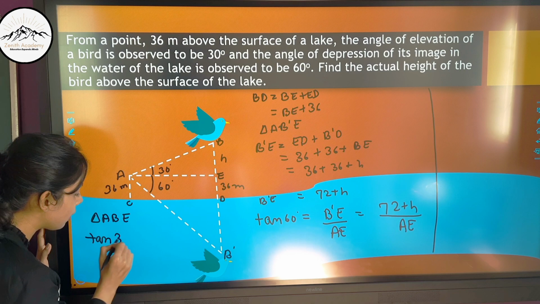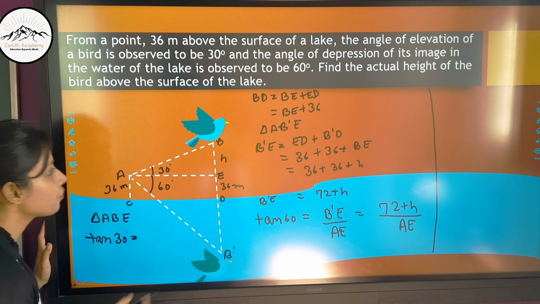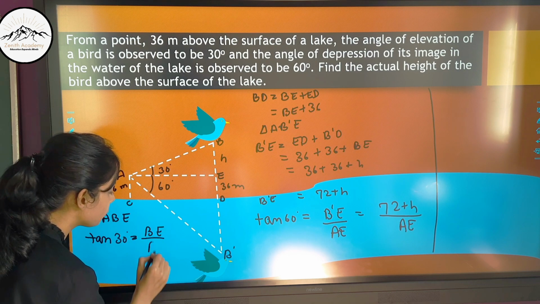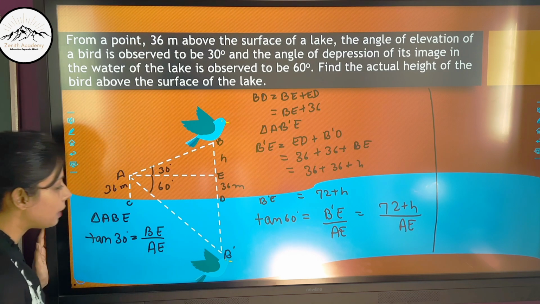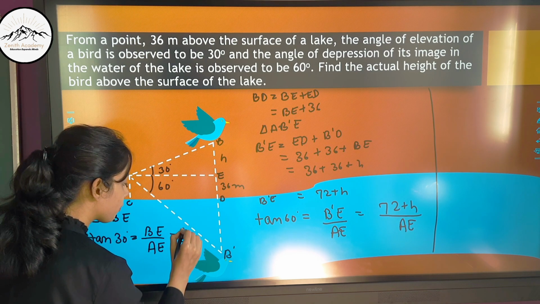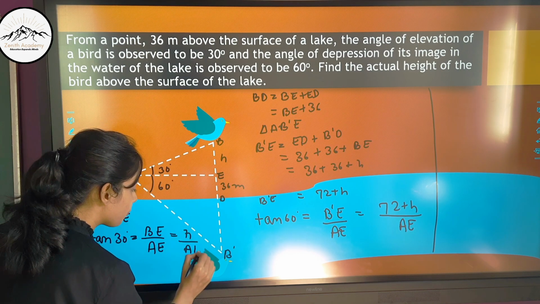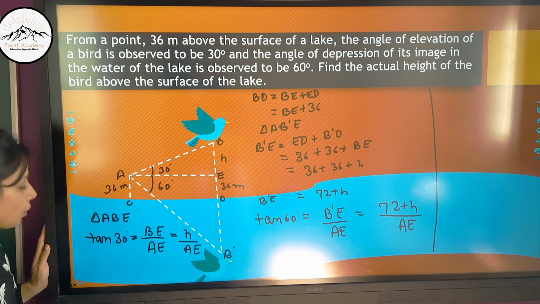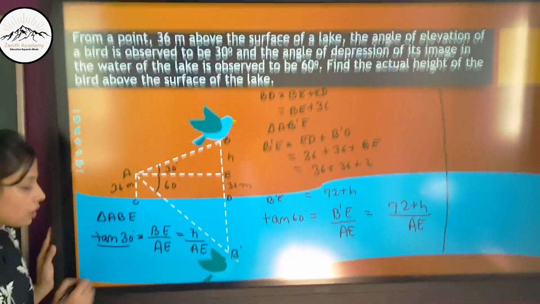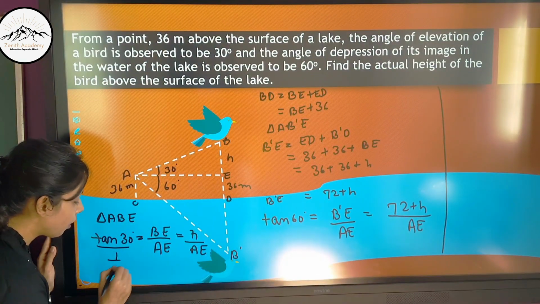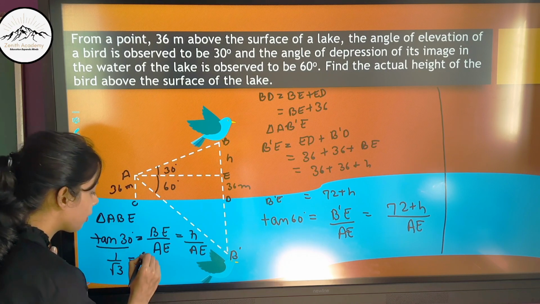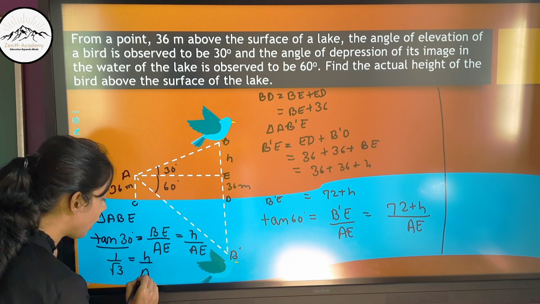So tan 30 degrees is equal to BE upon AE. And what is BE? We have marked this as H and this is AE. What is the value of tan 30 degrees? 1 upon root 3, which is equal to H upon AE.